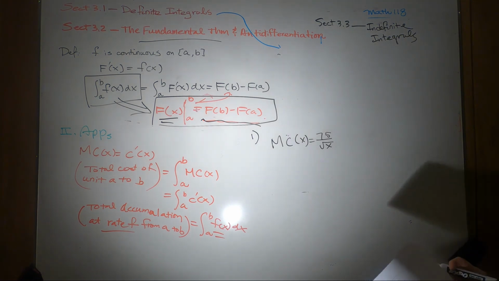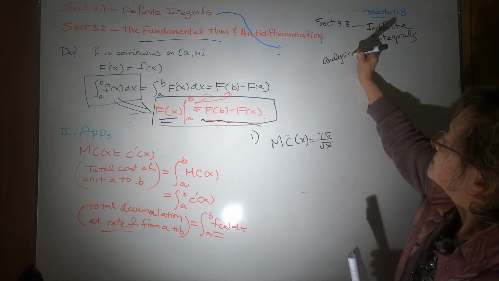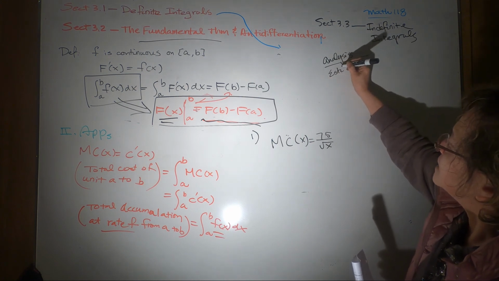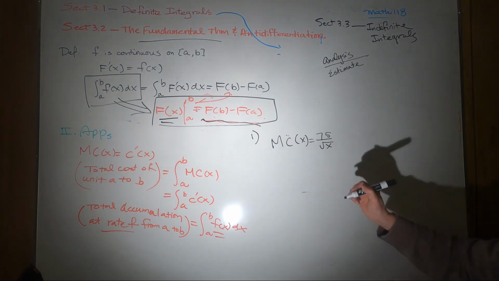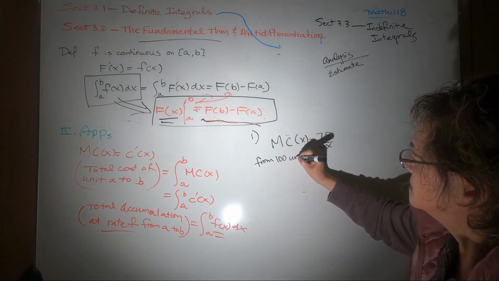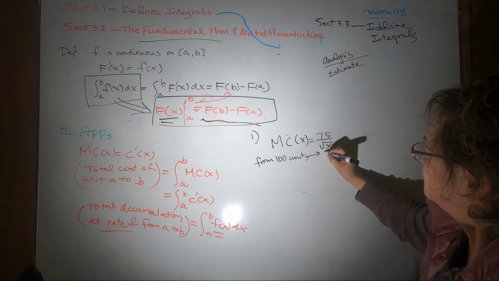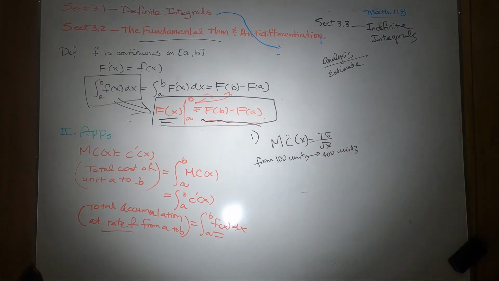So let's take a look, do the analysis on this. We are going to estimate, not exactly, right? They want to find the total cost of producing units from 100 to 400. From 100 units to 400 units, how much it will cost the company, total cost, right?